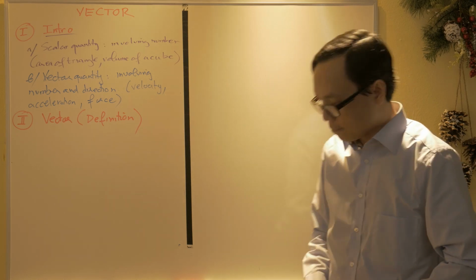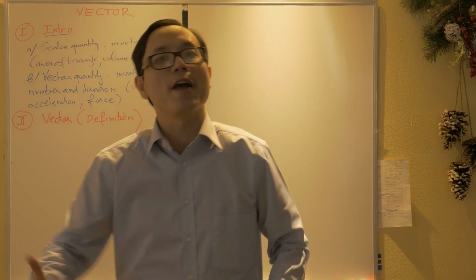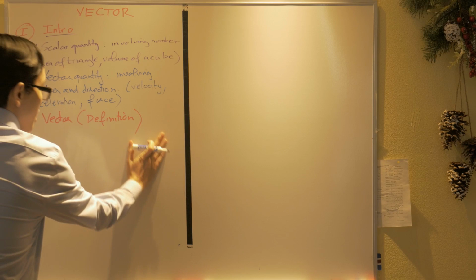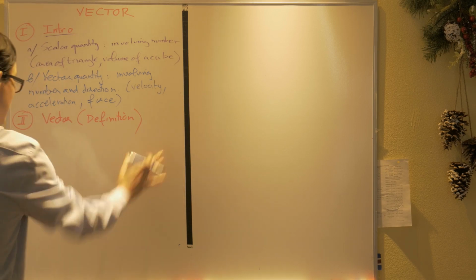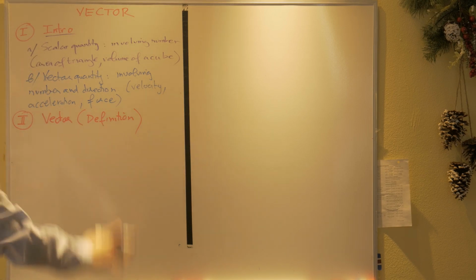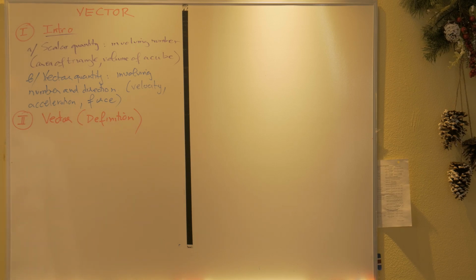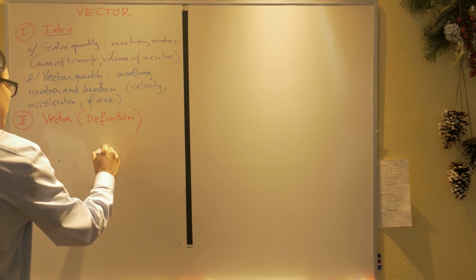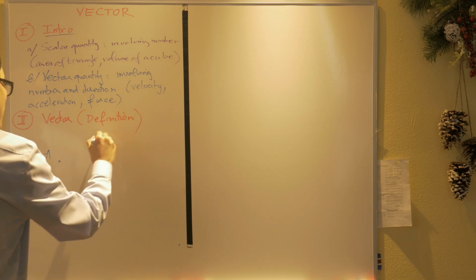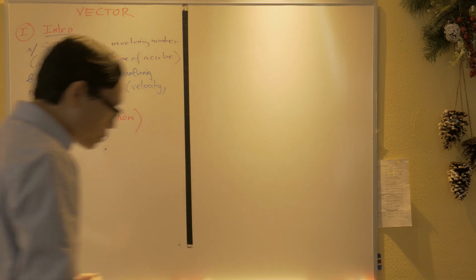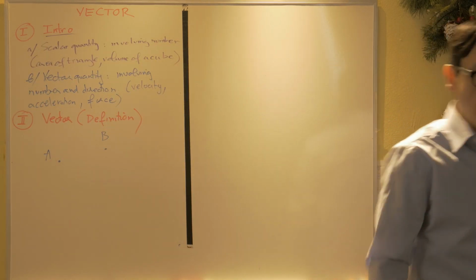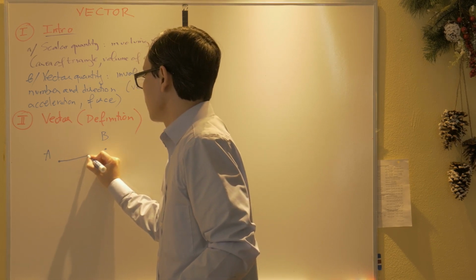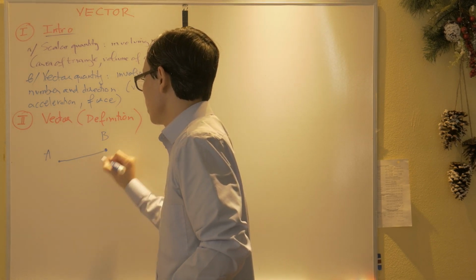Okay? Then what is vector? How do we create a vector? For example, I have a 2D surface, a 2-dimensional surface here, and on this surface, I pick 2 points. I call them point A and point B. And I want to connect these 2 points together.